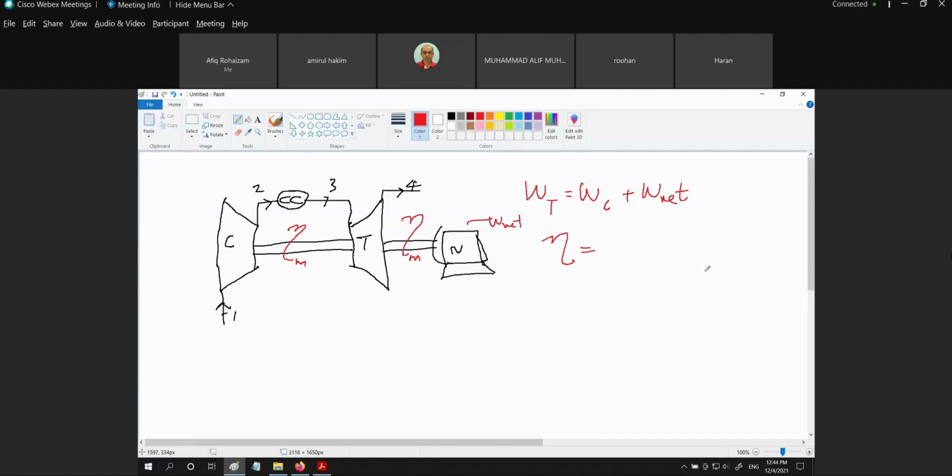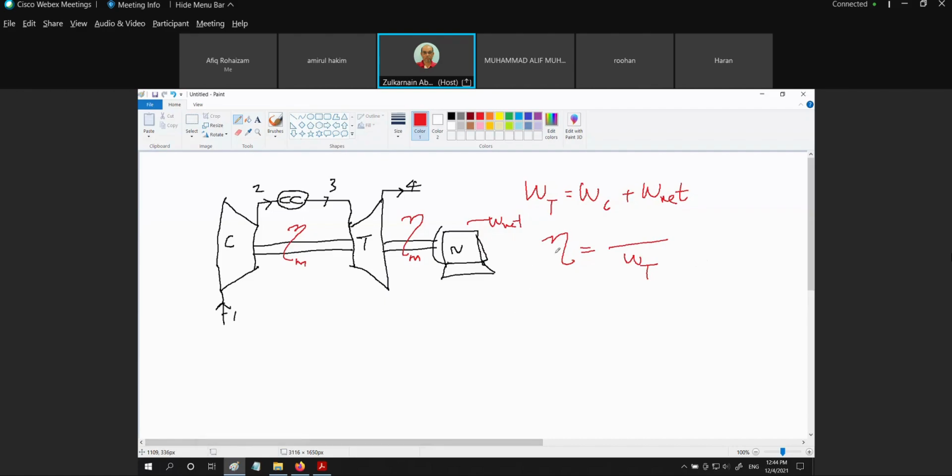Who input the energy? Who gave the work? Turbine, right? Meaning that this should be our turbine side, correct? That is our required input.